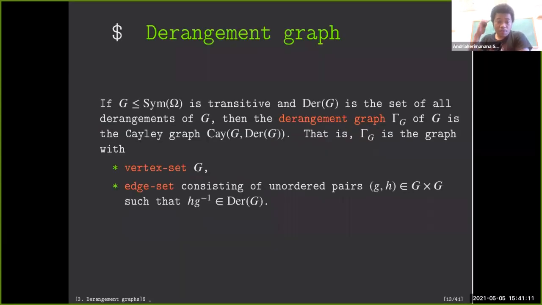So the derangement graph, and we already saw this on Monday. The derangement graph of a transitive group G is the Cayley graph of G with connection set equal to the set of all derangements of G, which I denote by Der(G) here, so the set of fixed-point-free permutations.